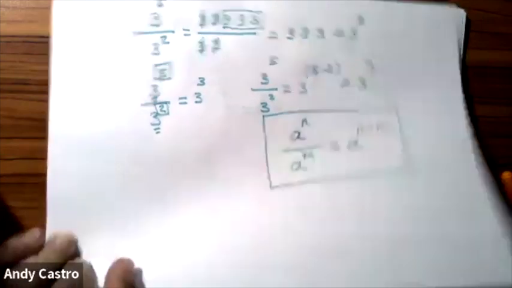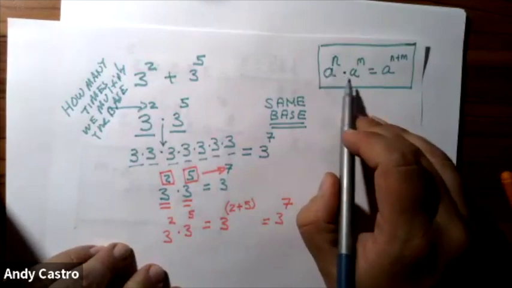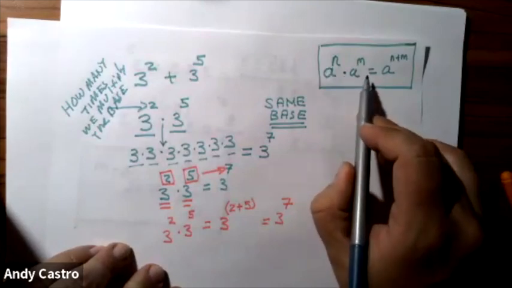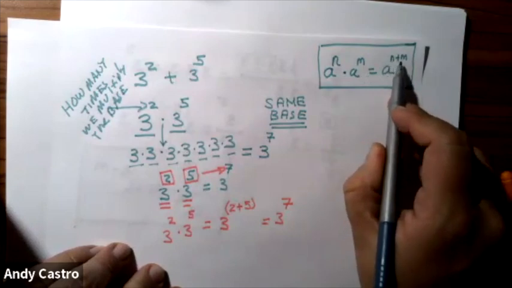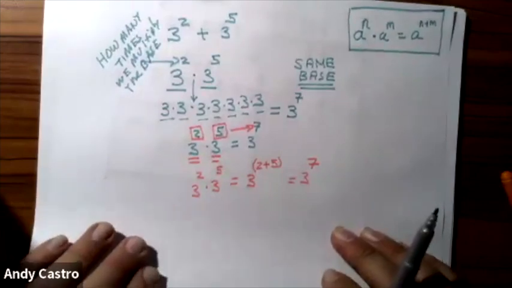Right. So for those of you just joining, the first one was a to the n times a to the m is equal to a to the n plus m.